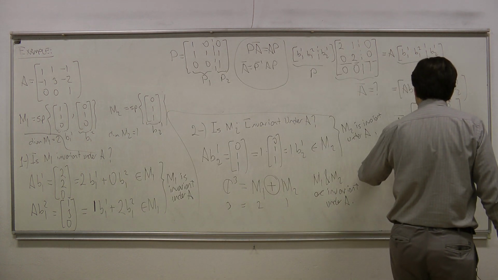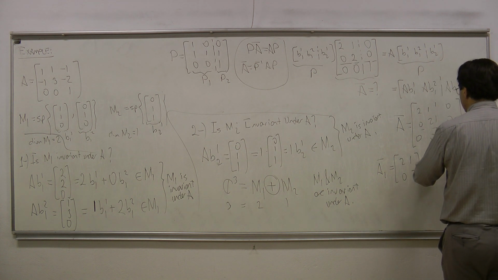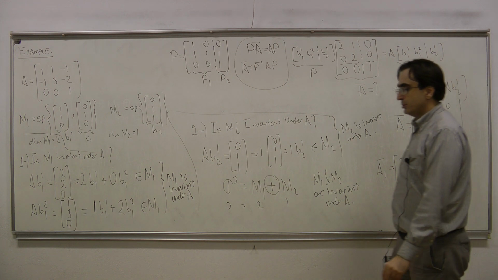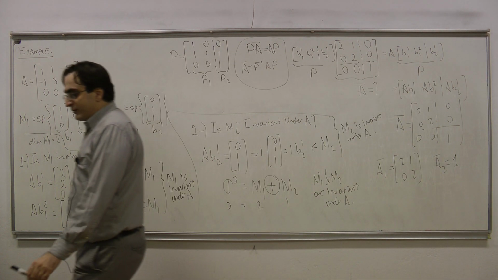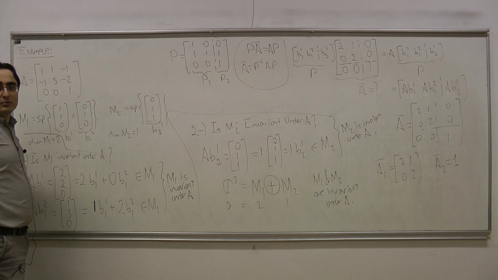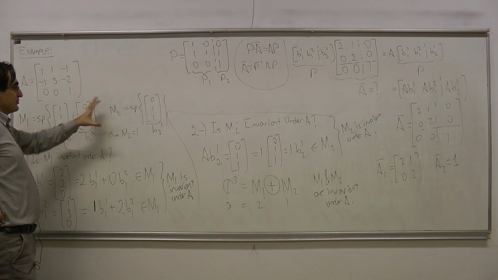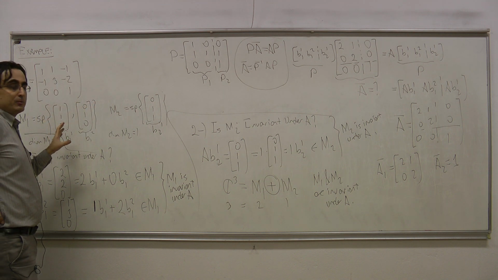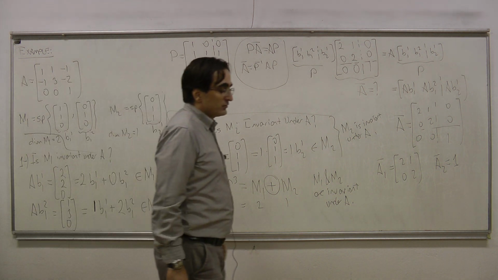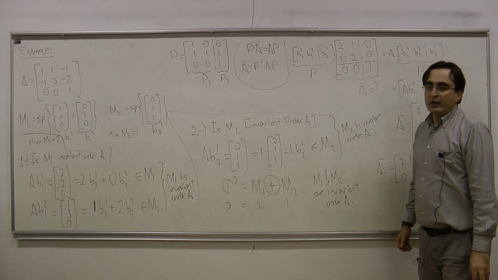So A1 bar is a 2 by 2 block given like this, and A2 bar is equal to 1, which is a 1 by 1 block. The interesting thing is that this matrix is non-diagonalizable, and as a result, you cannot find invariant subspaces which would simplify this matrix into a diagonal representation.